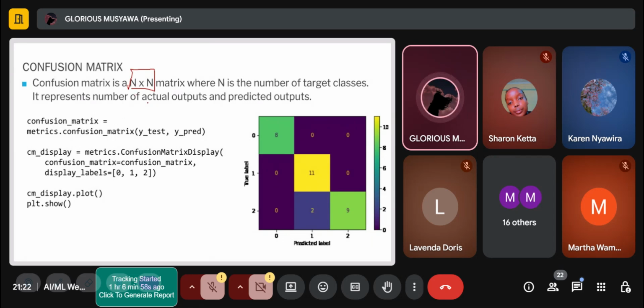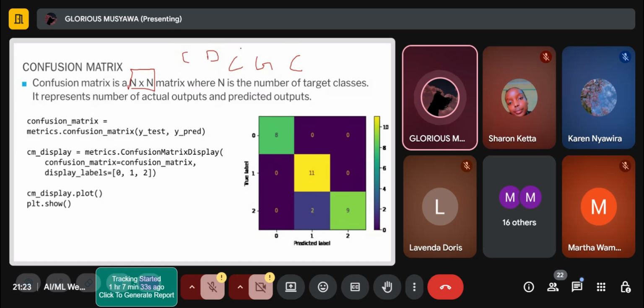When you're explaining, it's easier to understand with a 2 by 2 matrix. So most of the time when you're researching, you'll find most explanations for the confusion matrix are for 2 by 2, but it's actually an n by n matrix, where n is the number of target classes. If I'm targeting 10 classes, I'll have a confusion matrix of 10 by 10, because let's say I have a cat, a dog, a chicken, a goat, and a cow.